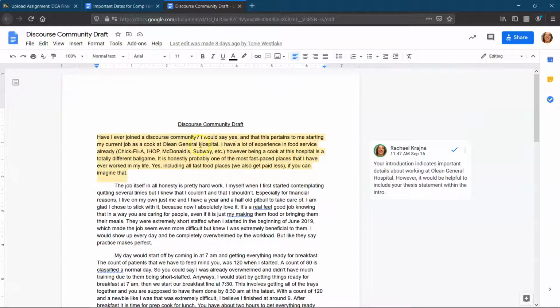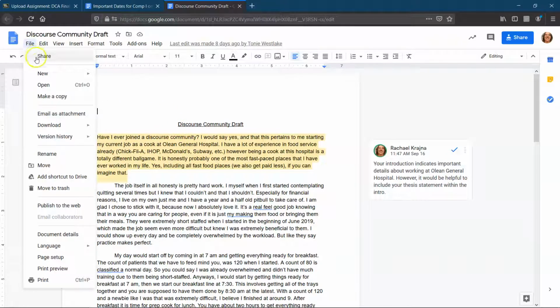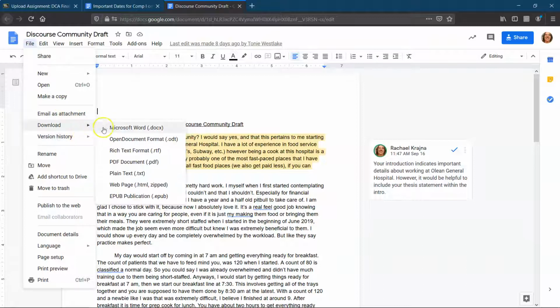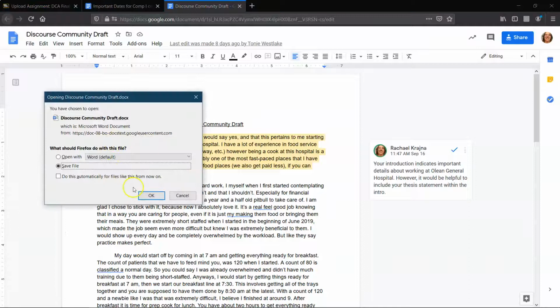And all you do for that, if you want to download your Google Doc as a Word document, all you do is go into File and Download. And there's an option to download it as a Microsoft Word document or a PDF. So what I'm going to do is download it as a Microsoft Word document.